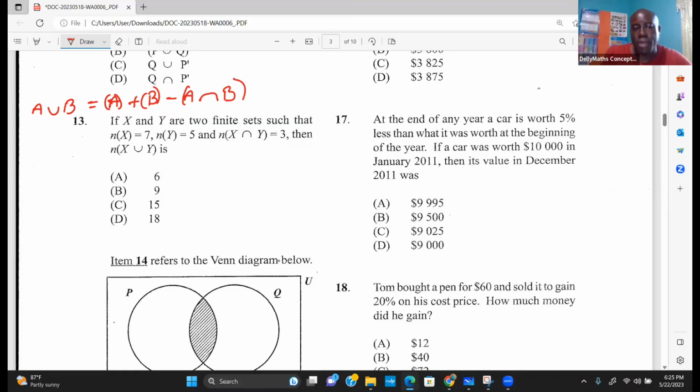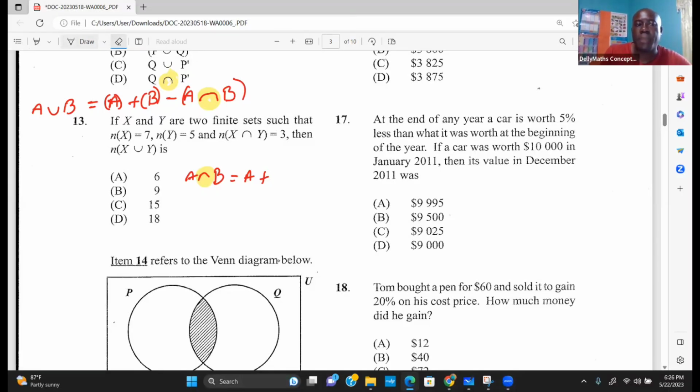And in the same breath, the intersection, look at the sign, intersection is a little turned down thing, not really an n, but a shape like this. It's a turned down dish. So the intersection is similar. It's A plus B, but this time you're subtracting the union. Take a good look at this.